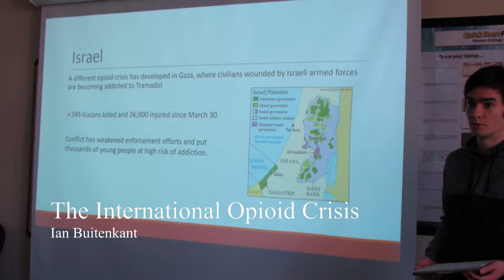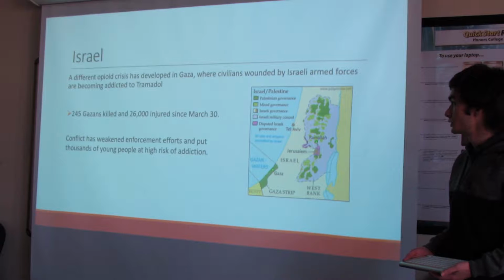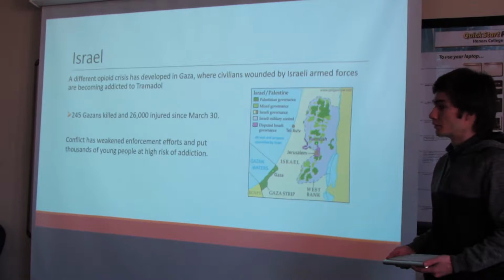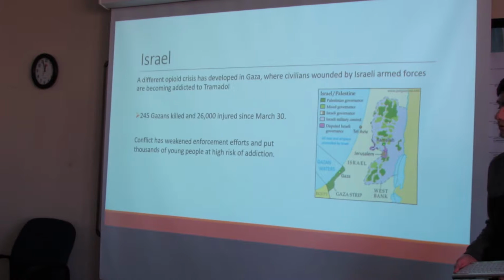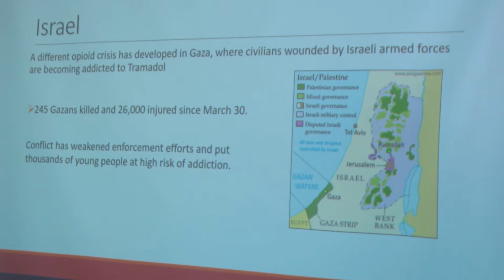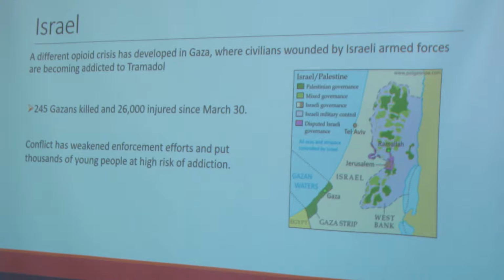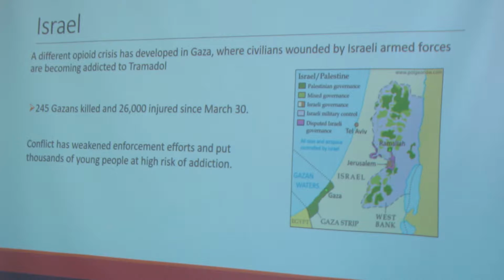And as a result, some of them turn to drugs as a way to escape. In addition, there have actually been a lot of people injured due to the fighting, as many as 26,000 since March 30th of last year. And a lot of times these people are given opioids to combat the pain, and as a result become addicted to them.